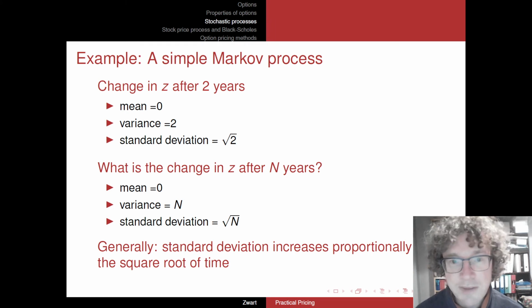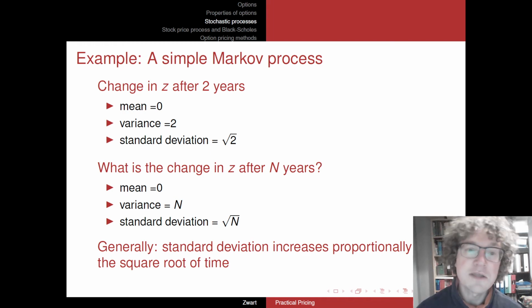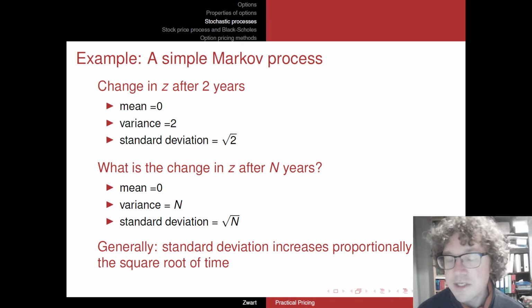So let's extrapolate this. What happens after 3 years, or 4 years, or 5 years, or even after n years? The mean of this distribution remains 0, since we keep on adding normally distributed epsilons, which each have a 0 mean. The variance is going to grow, so the variance after n years is going to be n. That means also that the standard deviation of the change in z after these n years is going to be the square root of n.